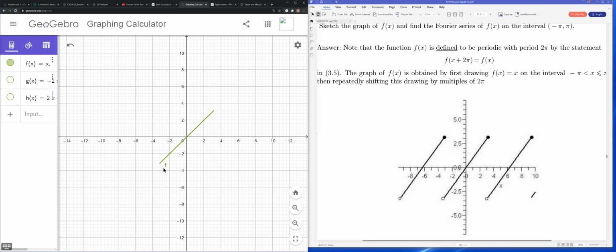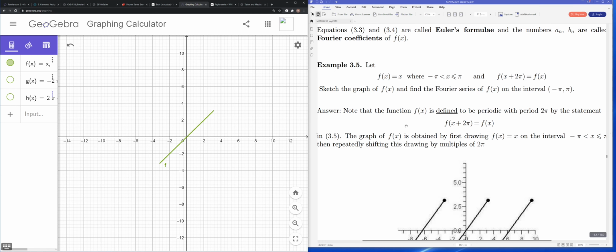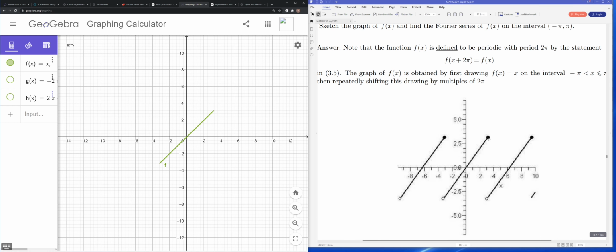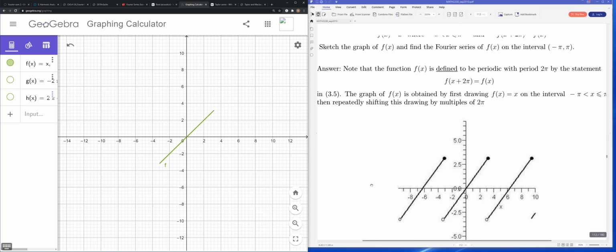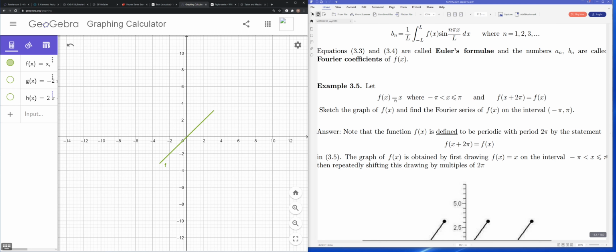Remember, f of x equal to x is a straight line passing through the origin. But I just want f of x equal to x between minus pi and pi, so I just chop off the piece that I need. Really, I should have a closed dot over here and an open dot over here, as I have in the notes. Okay, so that's f of x equal to x between minus pi and pi.